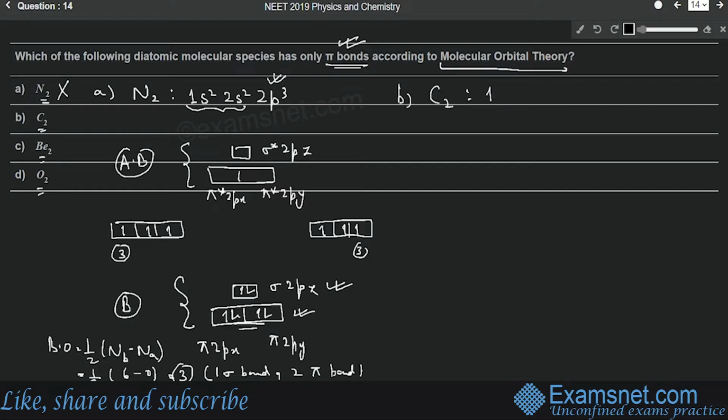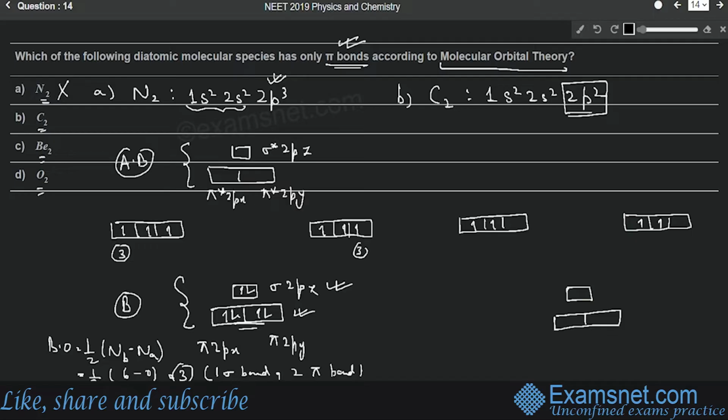What is the electronic configuration of carbon? This is 1s2, 2s2 and 2p2, right? Now we'll draw the similar diagram. We'll consider only this 2p2. So first we'll fill the electrons in these boxes. So 2p2 means 2 electrons this side and 2 electrons this side. And here we have bonding molecular orbitals.